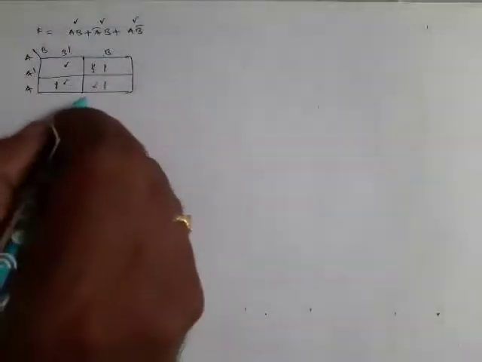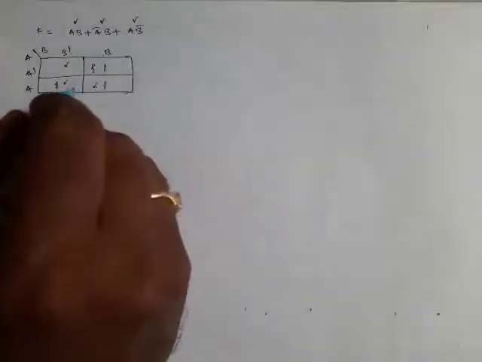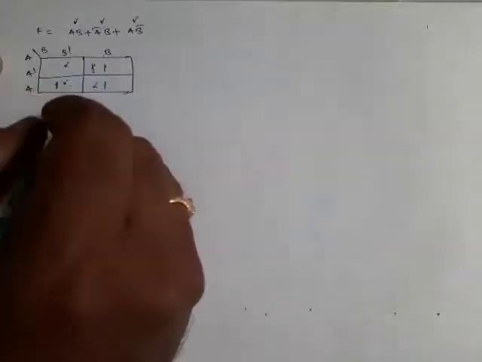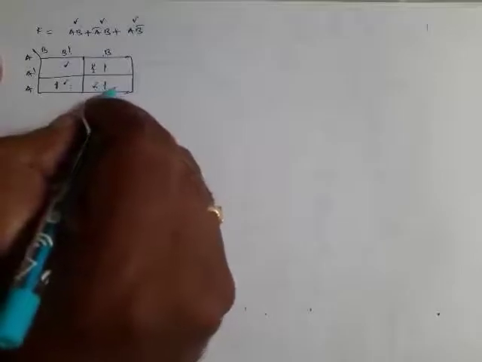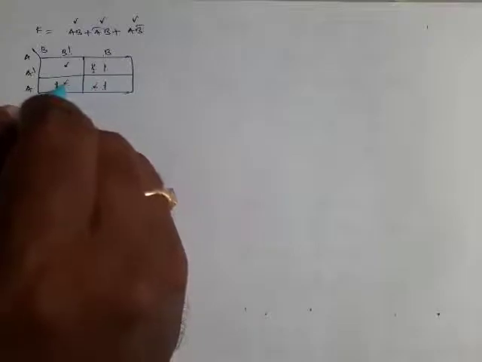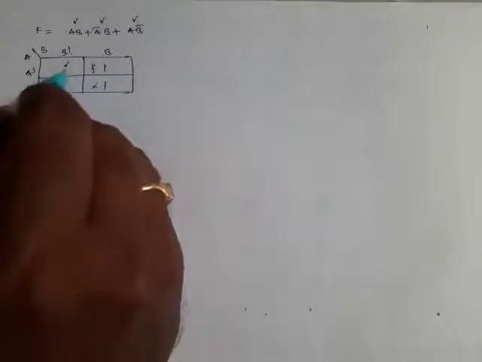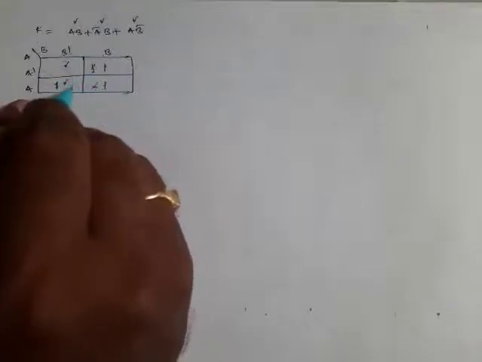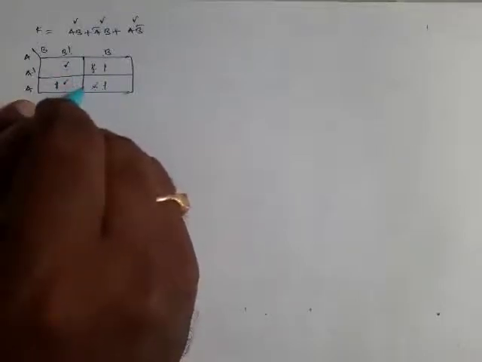If the adjacent cells contain ones, those ones can be grouped. For example, these two cells are adjacent, and this is also adjacent, but you can see that there is no one in the cell, so no need of grouping this cell. So we'll try to group the cells which contain the ones entered.